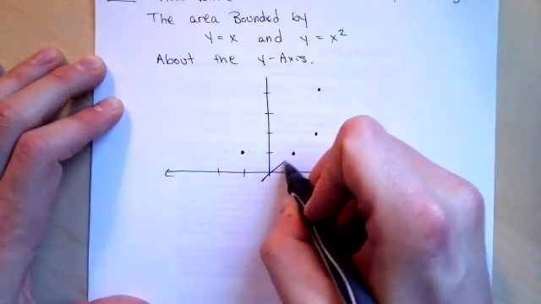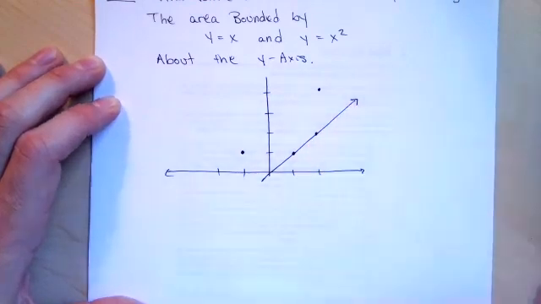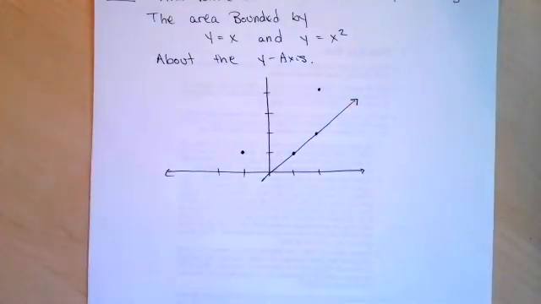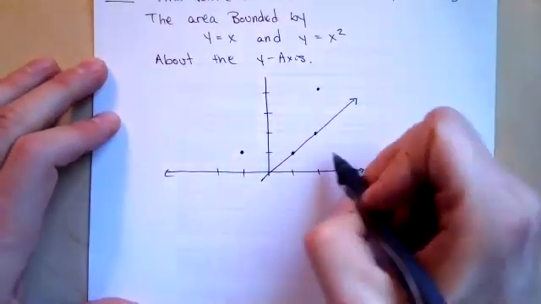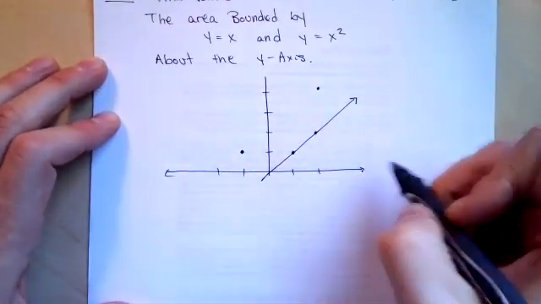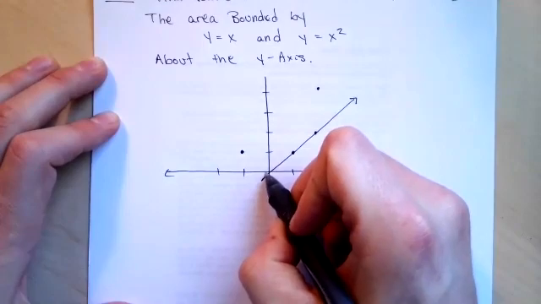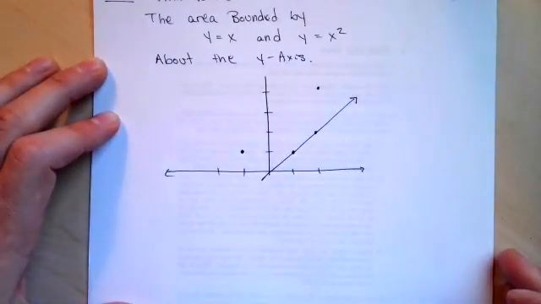So, of course, we've got y equals x. And then we've got y equals x squared. Perhaps I should have left more space for that.